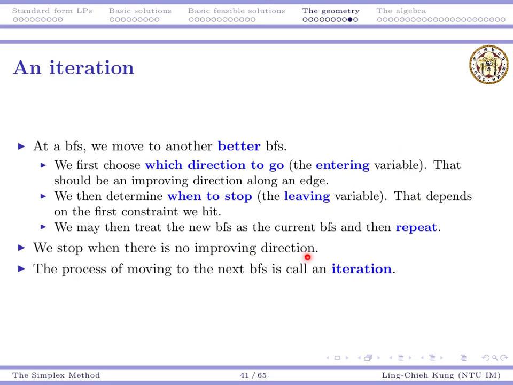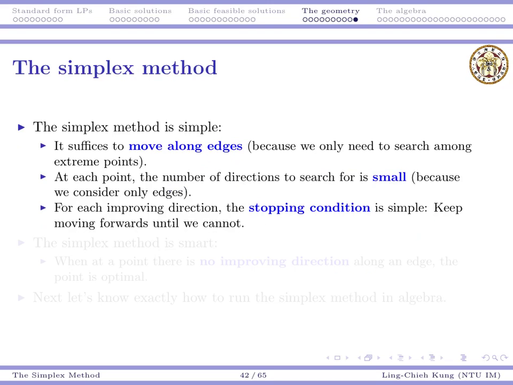That's the stopping condition, and we call this process an iteration to move to another basic feasible solution. So in one iteration, we move to one adjacent basic feasible solution. We keep doing these iterations until we stop. The simplex method, as summarized in my previous slides, is an iterative process.